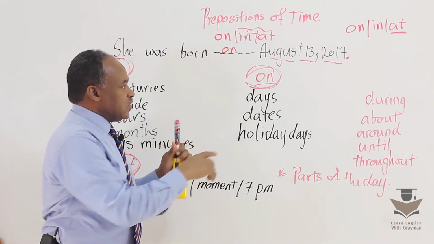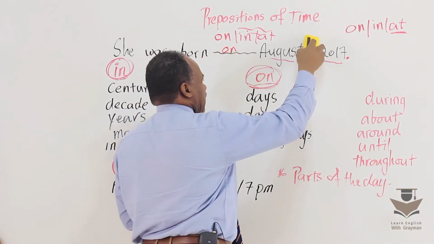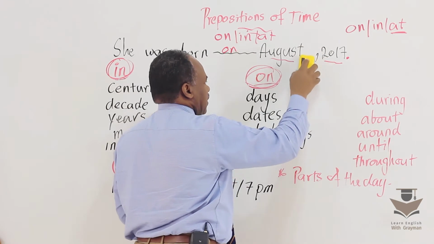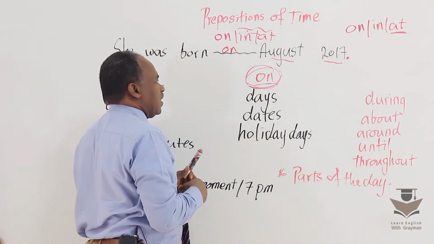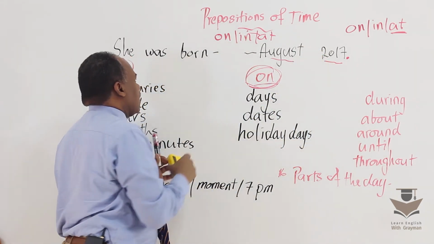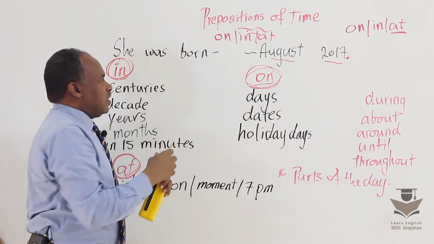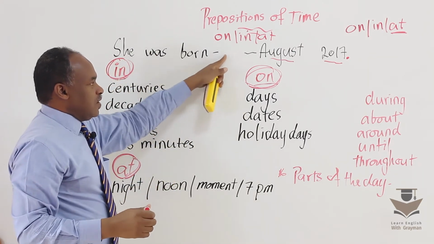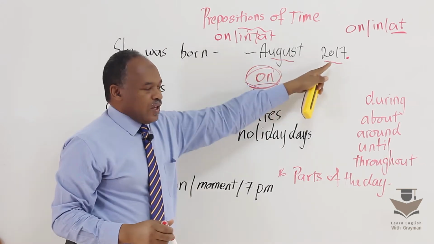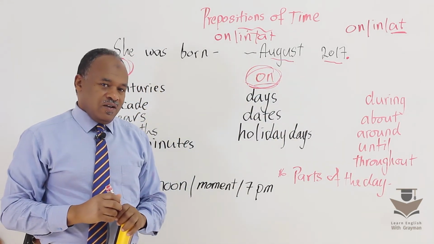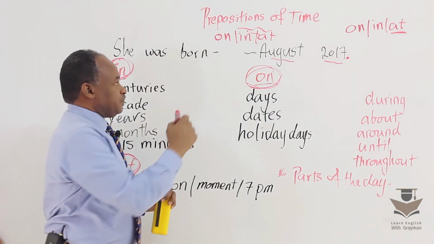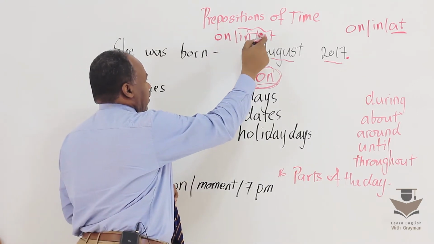Now I'm going to delete this 13. So the sentence is going to be, she was born August 2017. What are you going to add here? On, in, or at?